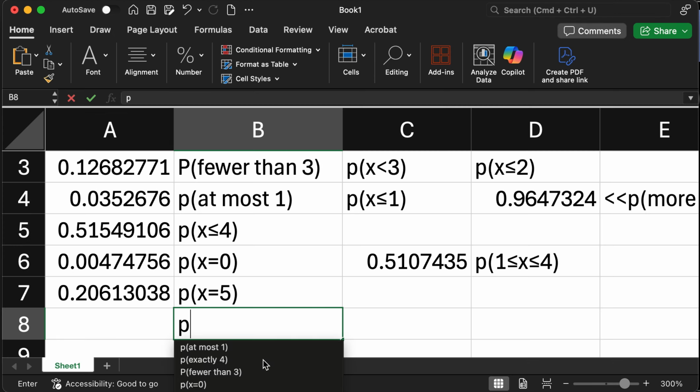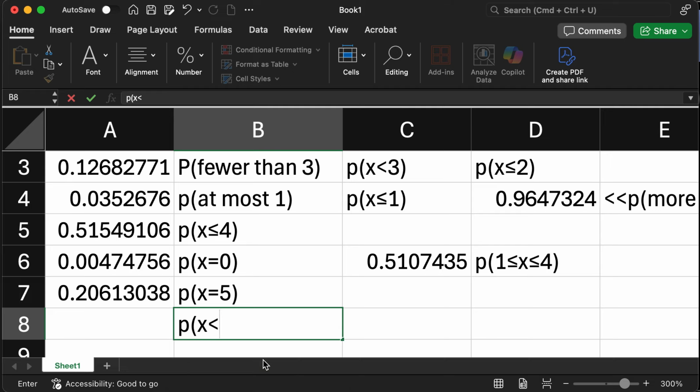Is it fewer than 4? Oh, sorry, no, it was 3. Less than or equal to 3.